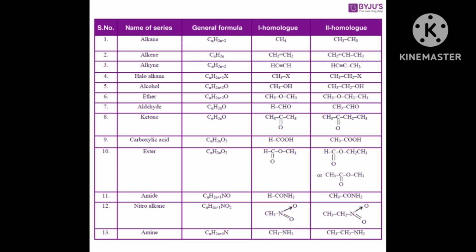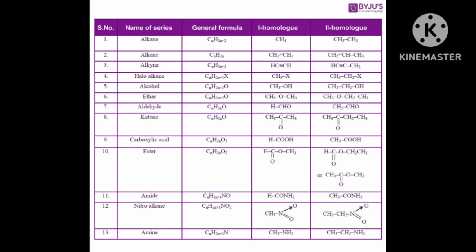The members of a homologous series can be represented by a general molecular formula, and the successive members differ from each other in the molecular formula by a CH2 unit.